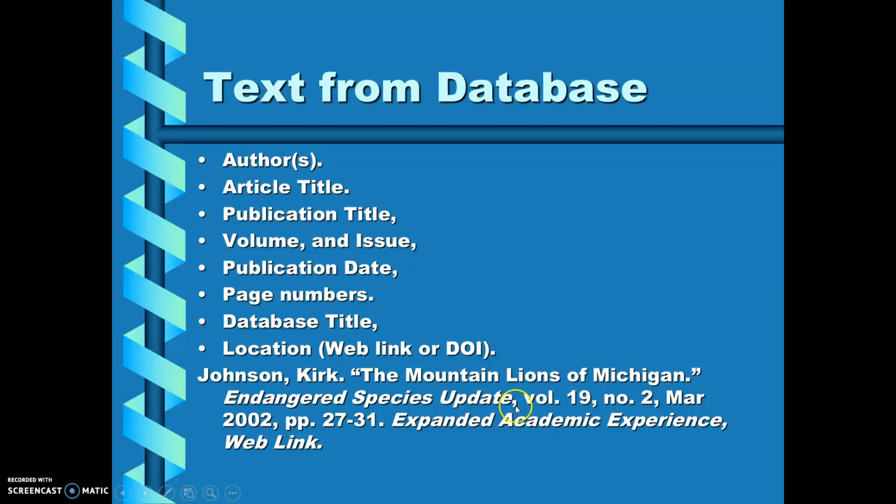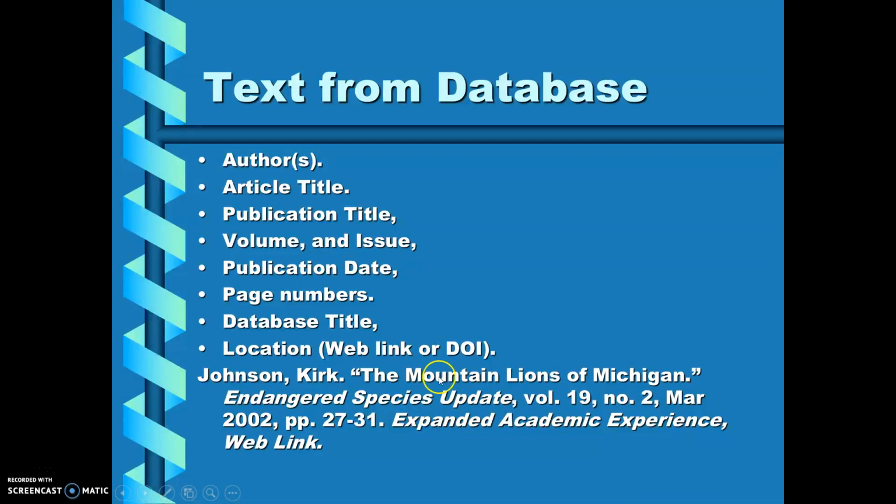Then we have the volume and issue information here, and then we have the database information right here. Now, if you just got the journal article from an academic journal that you literally picked up and are holding in your own hands from your library, wherever you go to school, you would not need to include this part here.